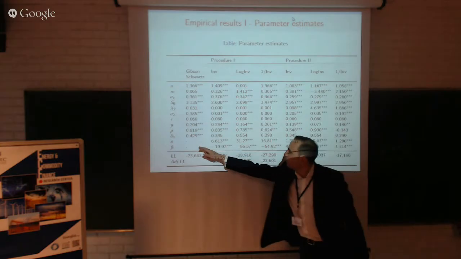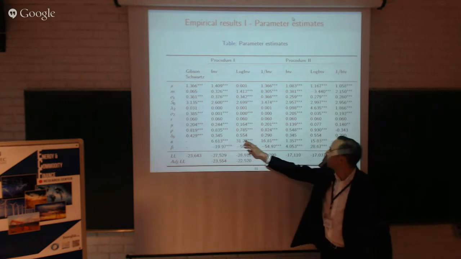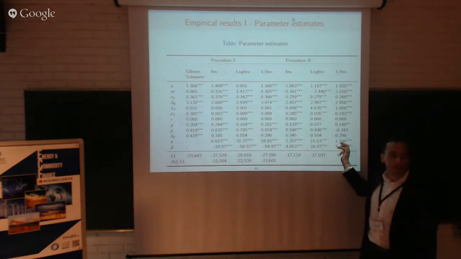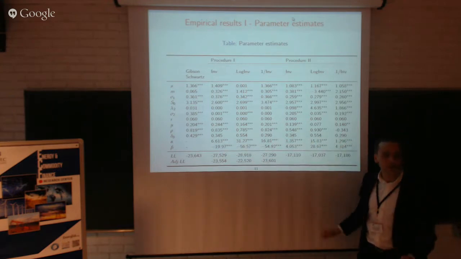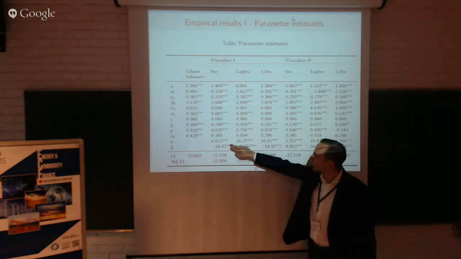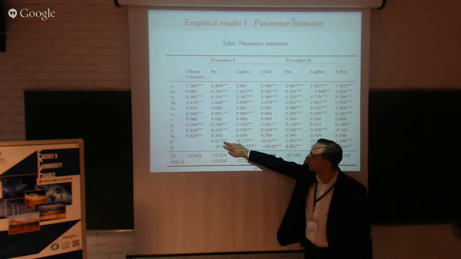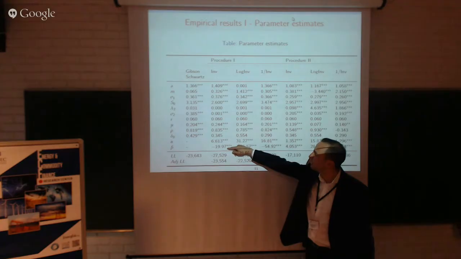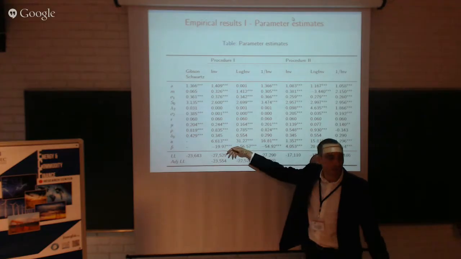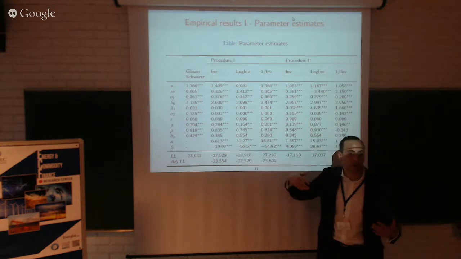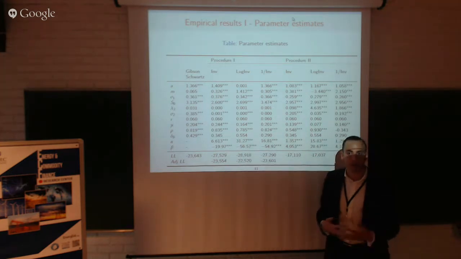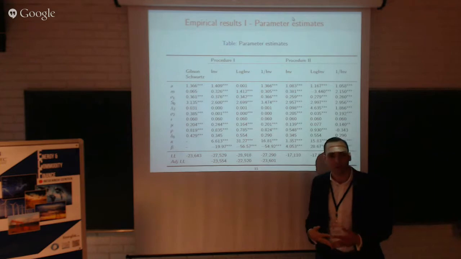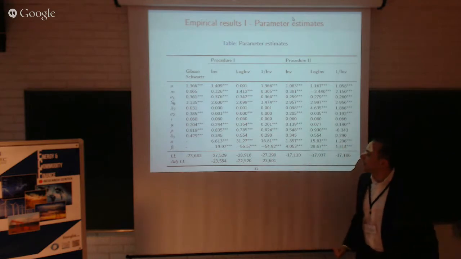We see alpha and beta, which are all significant at the 1% level, which is very good. And then we see also that we have this negative dependency between the inventory levels and the convenience yield, which is also very important because our results are then in line with the empirical work we have seen so far.